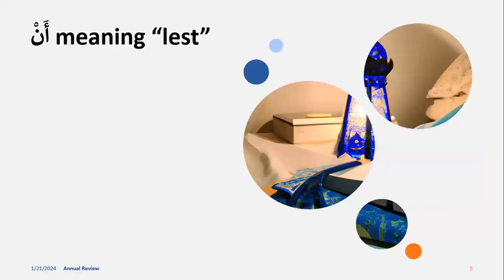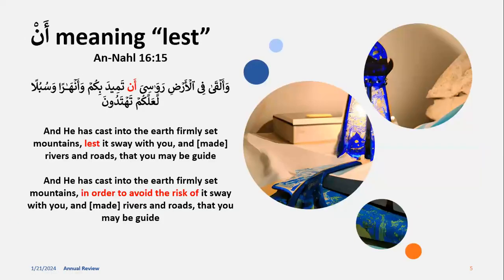Now let's look at un in the meaning of lest. Over here, if you read the ayah: and He has cast into the earth firmly set mountains, alqa fil ardi rawasiya an tamida bikum wa anharan wa subulan la'allakum tahtadun, lest it sway with you, and made rivers and roads that you may be guided.